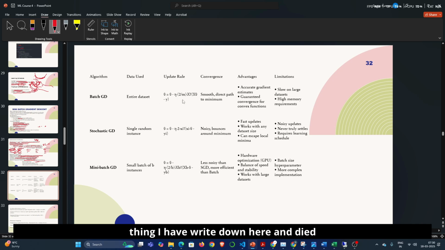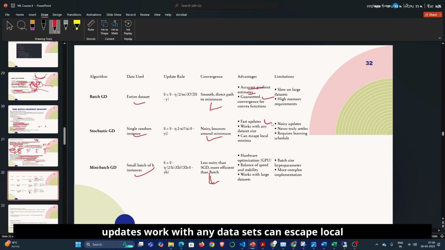Another thing I have written down here: entire dataset, single random instance, small batch. Take care of these three. Batch gives a smooth, direct path to the minimum. SGD is noisy. Mini-batch is less noisy than SGD and more efficient than batch, but it is not less noisy than batch. Batch has accurate gradient estimates and guaranteed convergence. SGD has fast updates, works with any data set and can escape local minima. Mini-batch has hardware optimization and a balance of speed and stability, and works with large data sets.